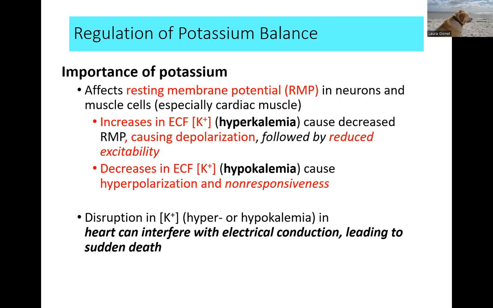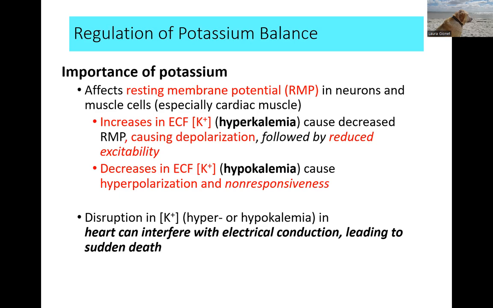Instead of potassium being able to freely enter the cell, causing it to become more positive and approach threshold prematurely, now we actually lose more potassium from inside the cell to outside the cell, and that causes the inside of the cell to become more negative. So maybe going from -70 to -80 to -90. Now you're hyperpolarizing and never reaching threshold, and thus you have non-responsiveness.